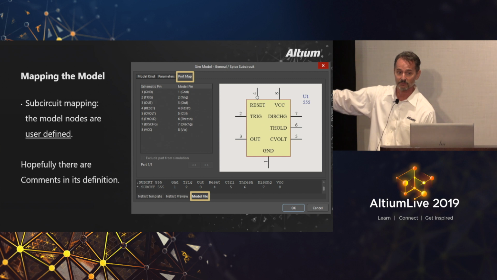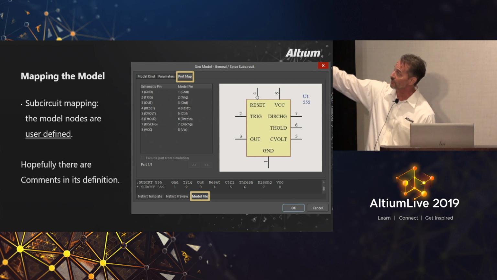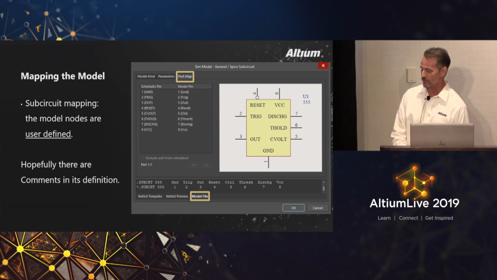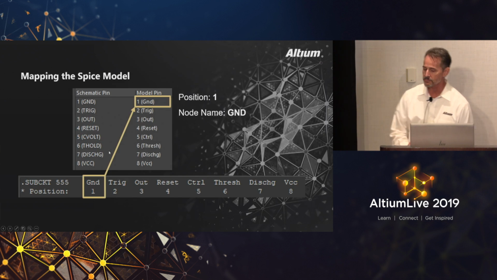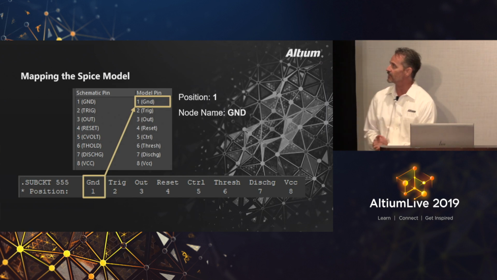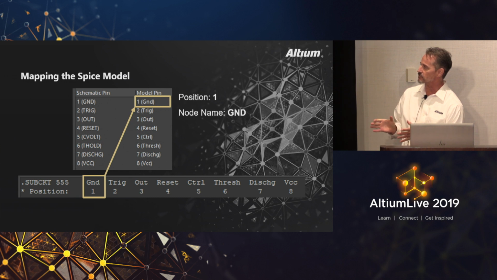So you just look at the parameters in the model, and then it allows you to map up your pins above. I'll show a little illustration of that when we get to the demo. So you map all of these up, and they might match, but they might not. In this case, they map, but depending on the order that they put them in, you might have to match things up.